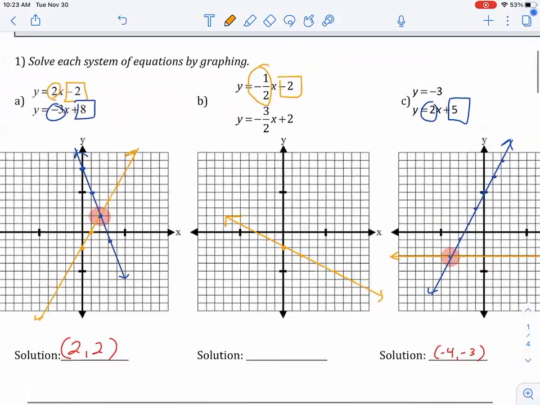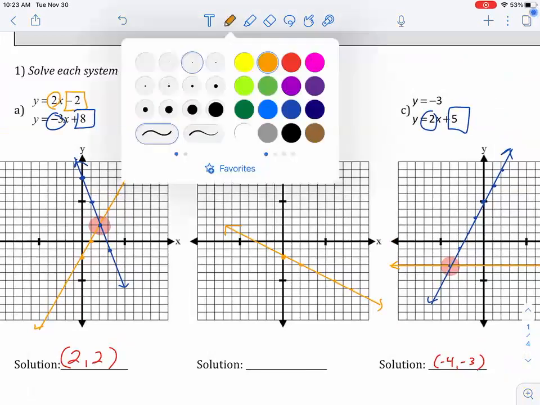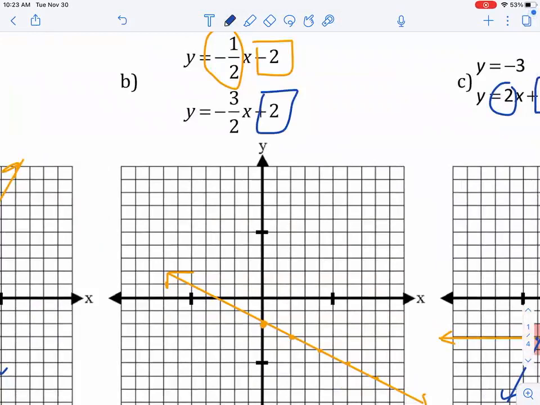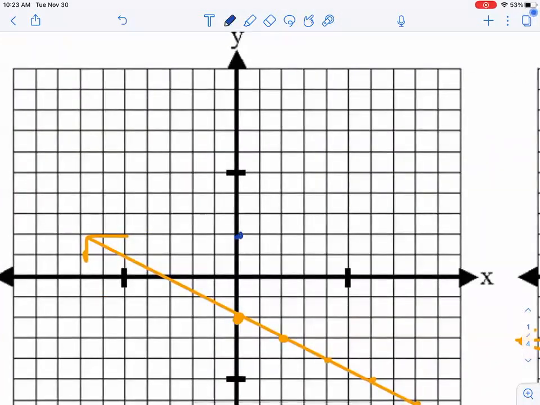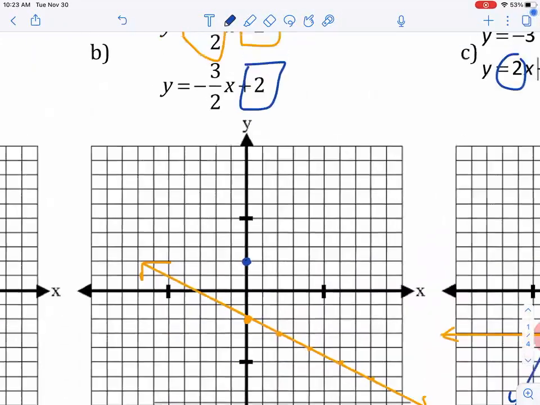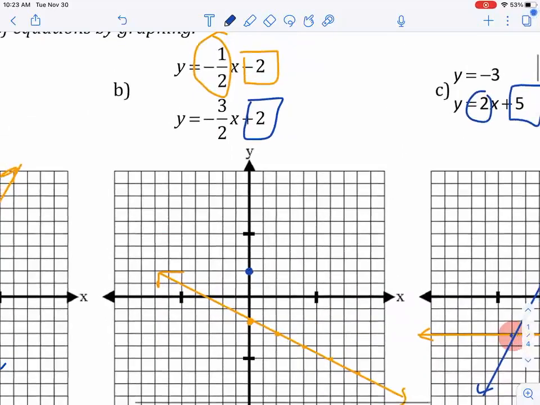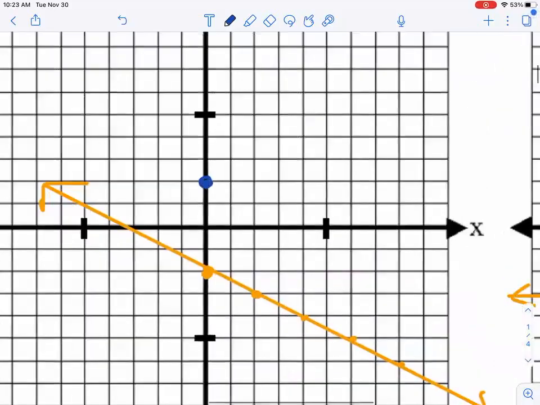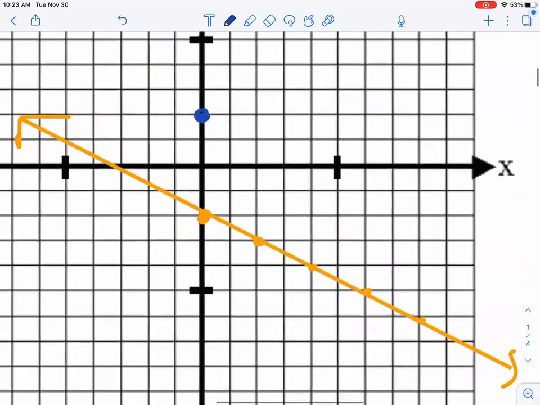I'll do the next line in blue. So I have a y-intercept of +2 now, so I'm going to have a dot up here at +2 and a slope of -3/2. So from that point, I'll go down 3 and over 2. And I get a spot there. Then I go down 3 and over 2, and down 3 and over 2.